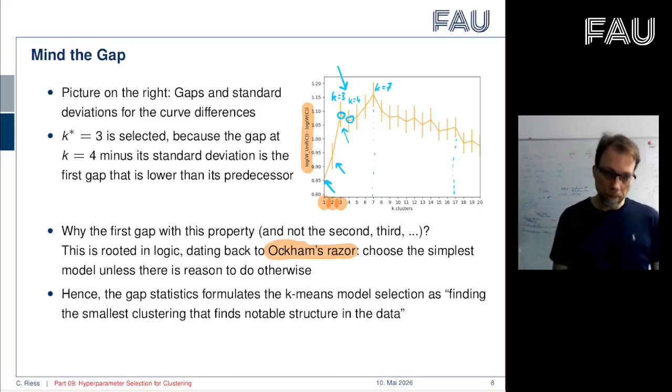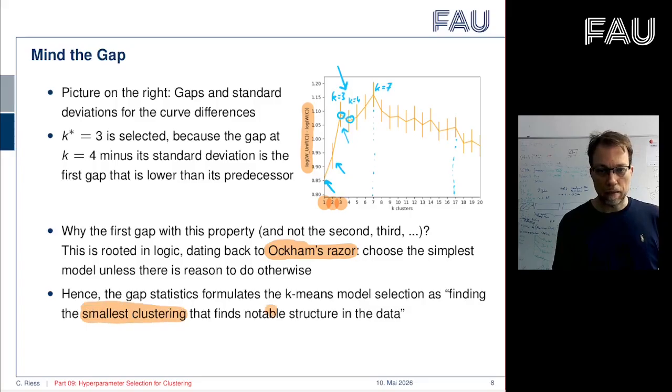So the concept of the gap statistic is to formulate the k-means model selection as finding the smallest clustering that finds notable structure in the data.